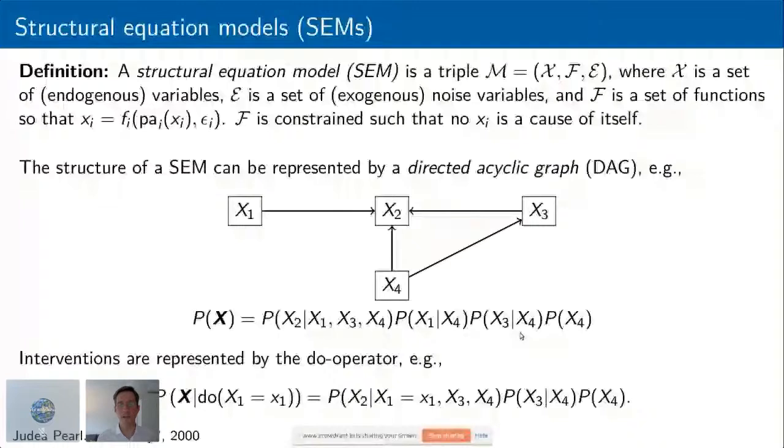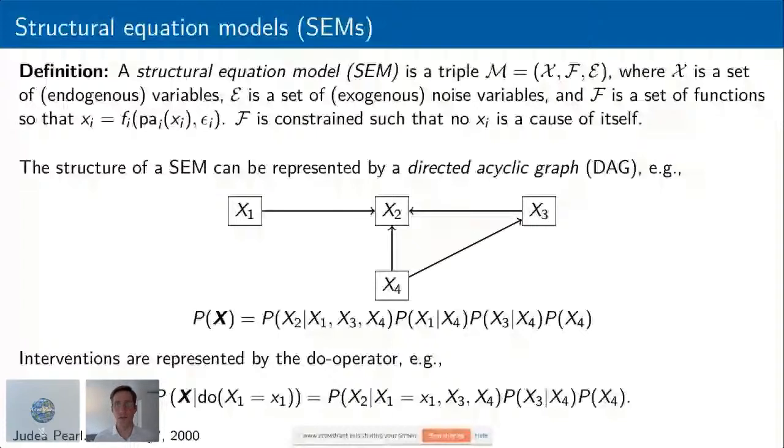You replace every x1 in the conditional part by the specific value that you set it to, and the term for the probability of x1 is set to 1 because you set it to one specific value, and hence this term just becomes 1. And this is then your interventional distribution, and that is how you reason about the effect of interventions in structural equation models.